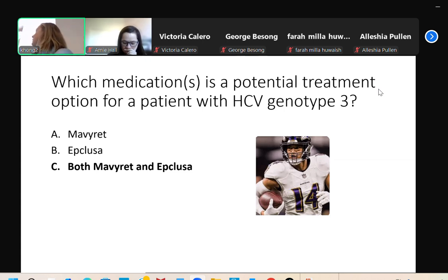I think it helps to think about that, knowing that these were also the two on the simplified algorithm, meaning they work for the largest population of infected individuals. So both of those are good. But it does remind us that genotype 3 tends to be the outlier. So there are combinations or single medications that do not treat that.